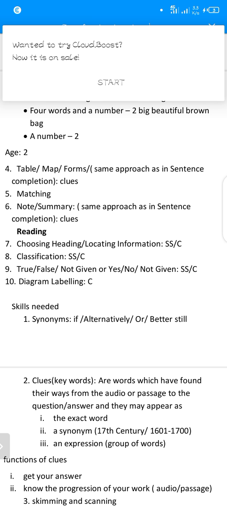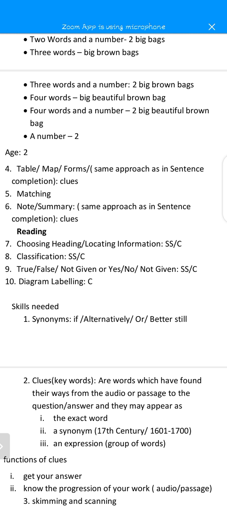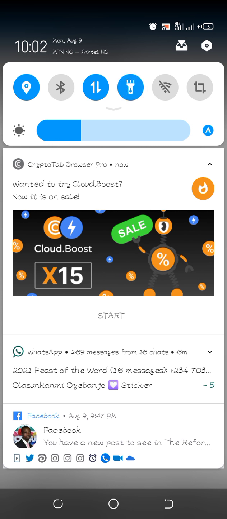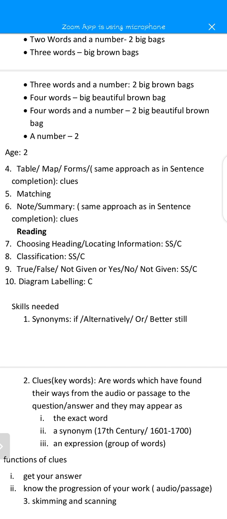They write some words, another blank 18, like that, and so on and so forth. Those are notes and summary. And the approach of your sentence completion is also what obtains here. Your sentence completion skill is what is needed also here.